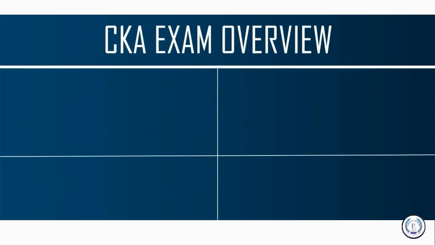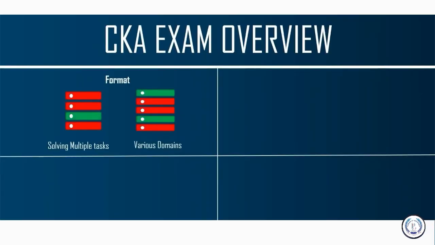Firstly, the exam is an online proctored, performance-based test that requires solving multiple tasks from a command line running Kubernetes. I've already discussed this before. The candidates have 2 hours to complete the tasks, but the total duration of the examination is about 3 hours. The exam is based on Kubernetes v1.20.